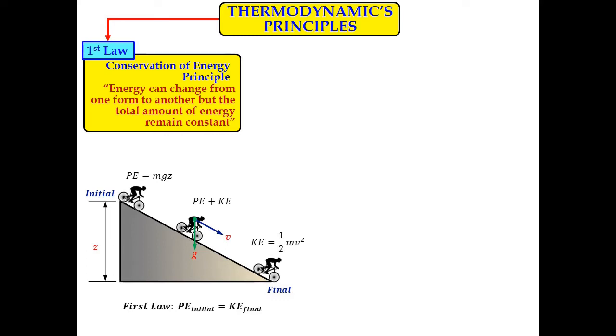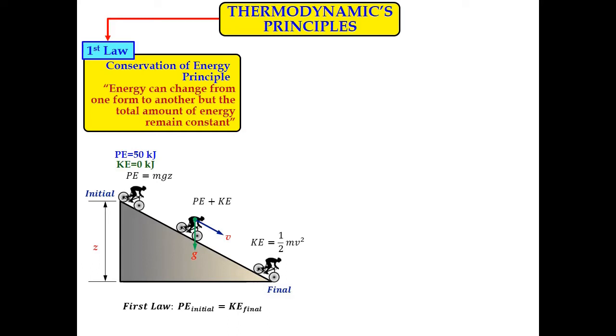If you look at the top of the hill, because there is no velocity yet, we have the maximum potential energy value, which is, let's say, 50 kilojoule, and the kinetic energy value will be 0 because there is no velocity of the cyclist.